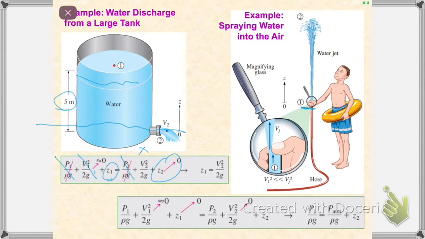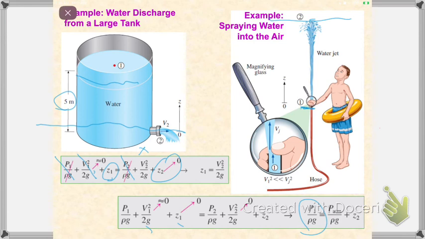Velocity 1 we can put as approximately equal to 0. Z1 is the lowest point, equal to 0, and V2 is equal to 0 because the flow stops there. With that we know our pressure at that end of the hose.